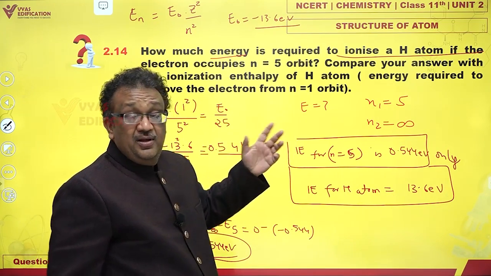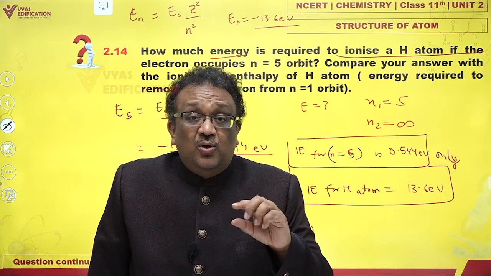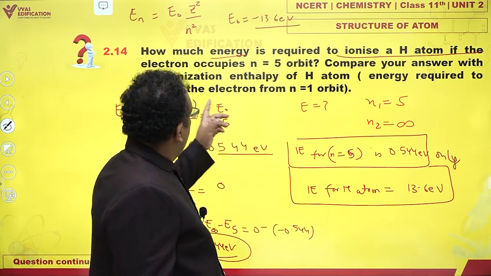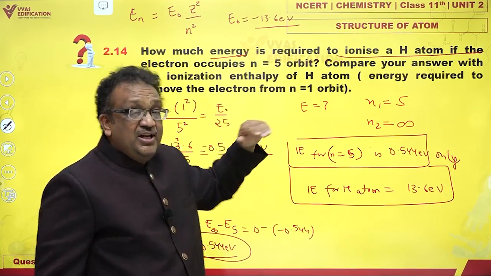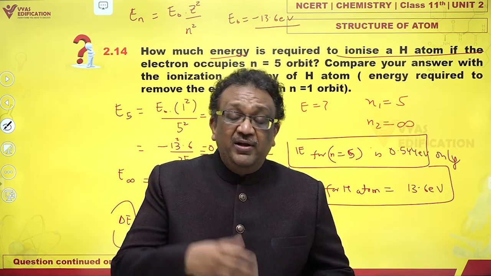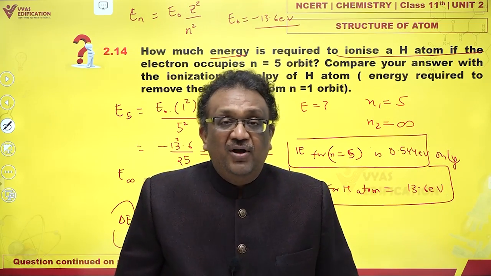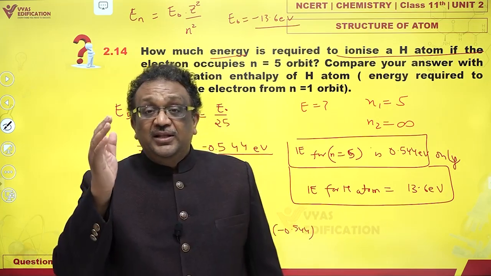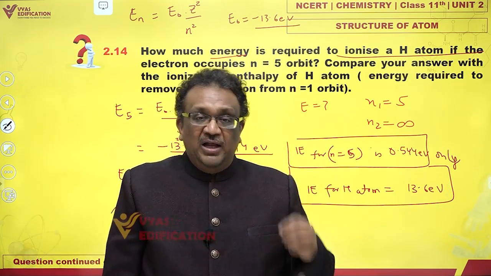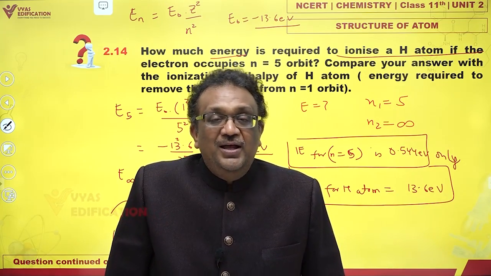How do they compare? It is only 1 by 25 times. So you can say that the ionization energy in the 5th orbit gets reduced to 1/25th of the energy in the 1st orbit. So it's very small as compared to n is equal to 1.